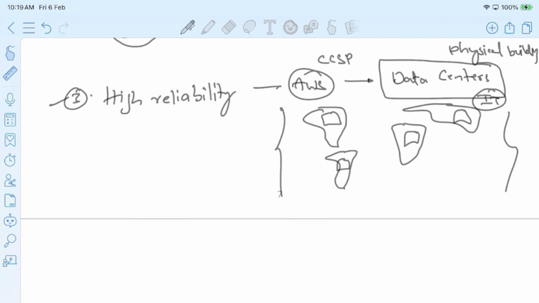What is a data center? They are physical buildings with a lot of IT resources.